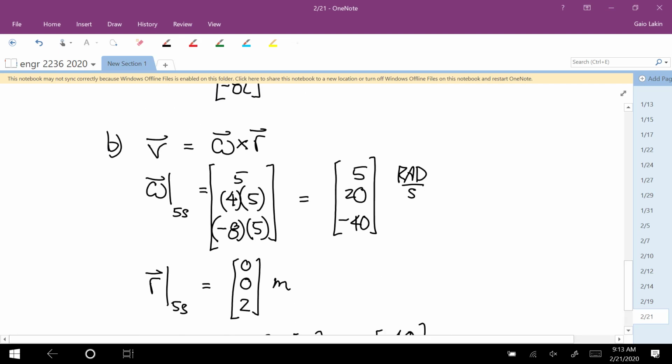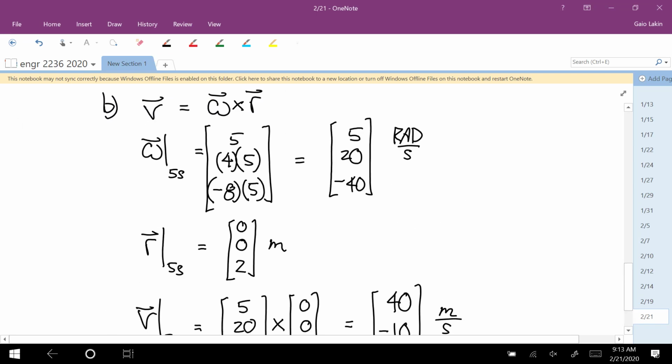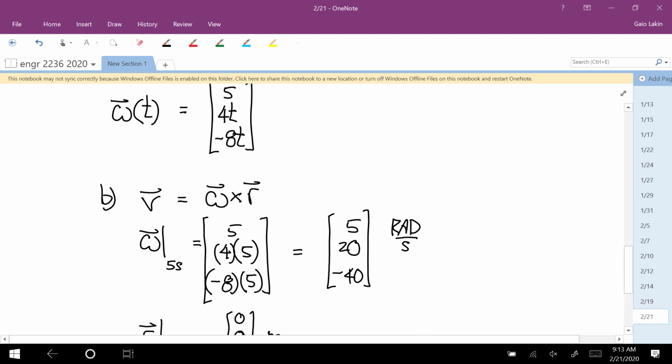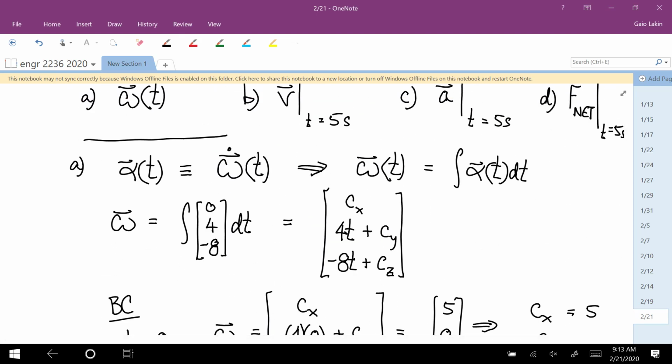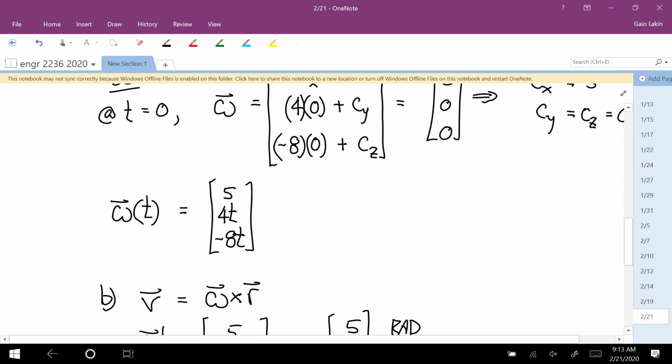Now we're going to do the same thing for the acceleration. The equation we're going to use is the watermelon equation. This is equal to alpha cross r plus omega cross quantity omega cross r. All ripe watermelons will rot. We know that the angular acceleration is the same at all times: 0, 4, negative 8.